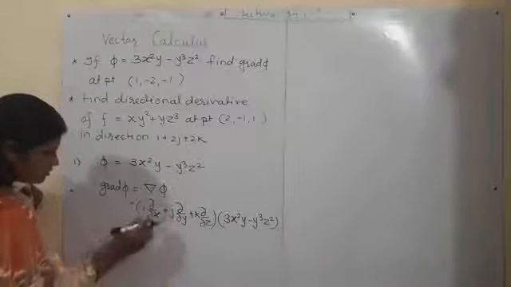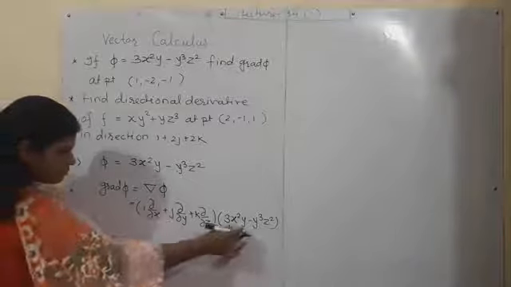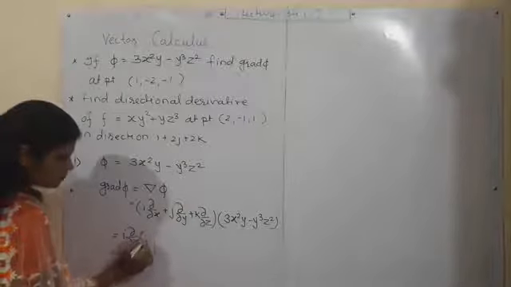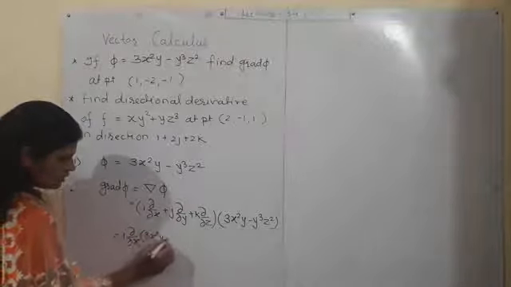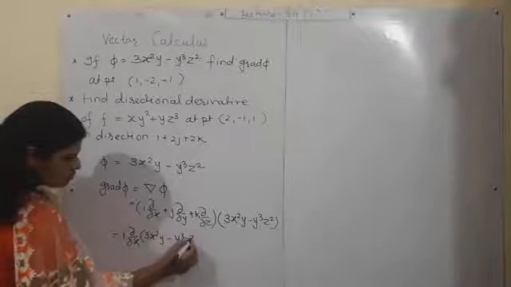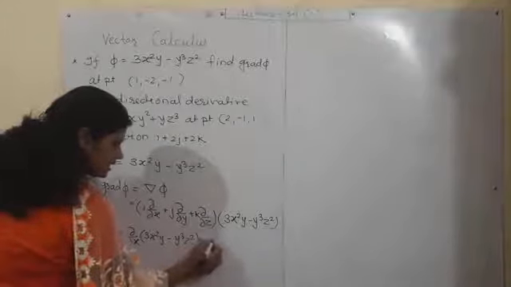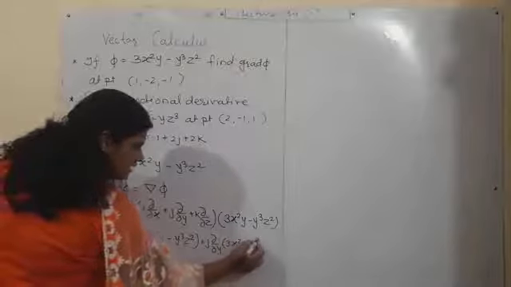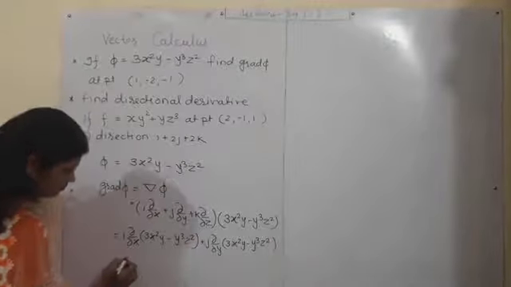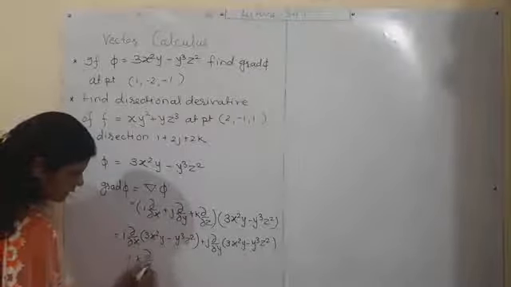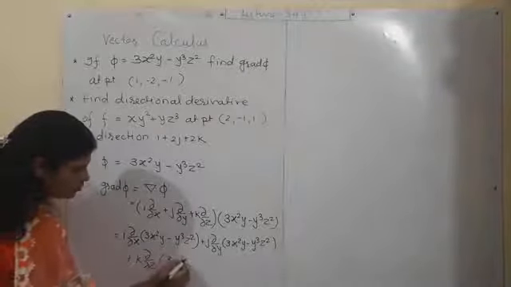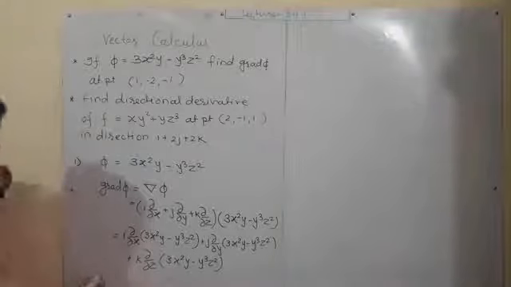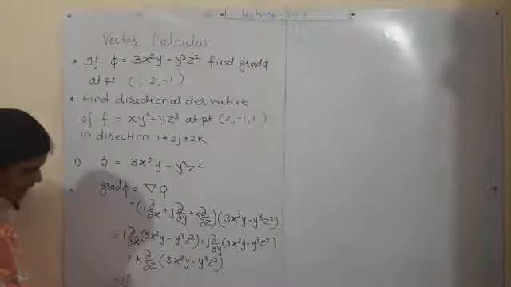So that is equal to, first we take i del by del x and operate on that term: i del x of 3x square y minus y cube z square, plus j del by del y of 3x square y minus y cube z square, plus k del z of 3x square y minus y cube z square. So now we calculate one by one here.